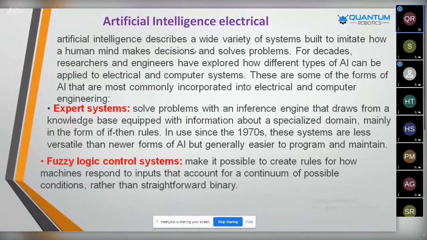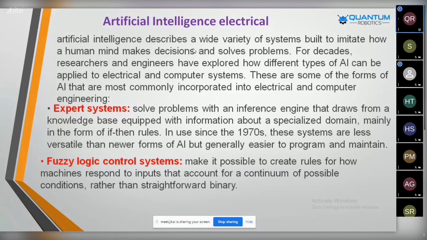In the expert system above, there were particular rules you had to follow, but here in the fuzzy logic control system you can create the rules for the machine's response by yourself, according to the working task and the working job condition, for inputs that account for the continuum of possible conditions.